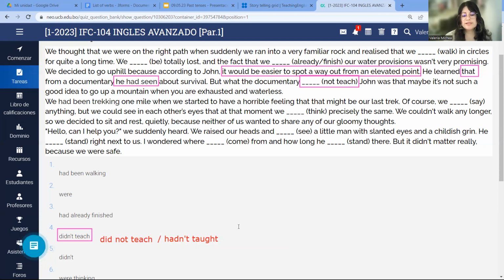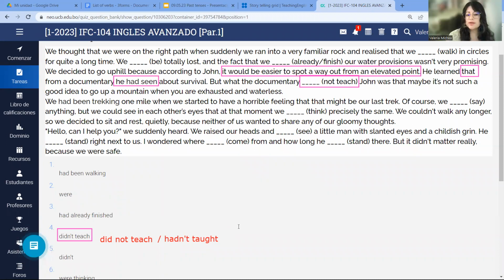Marcelo, the other Marcelo? Hello. Yes, hello. Well, I have a little doubt about this answer. When we are using the auxiliary verb in the past, is the verb after that in the past too, or not?